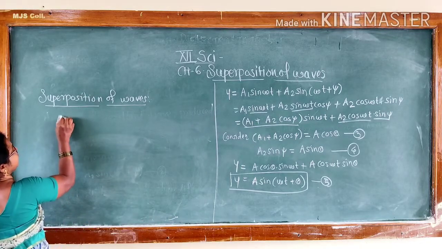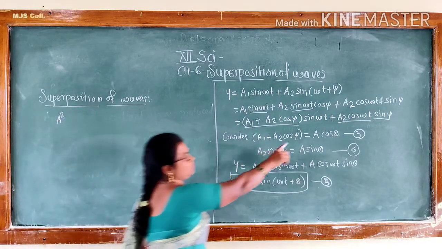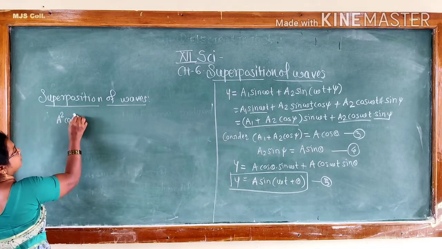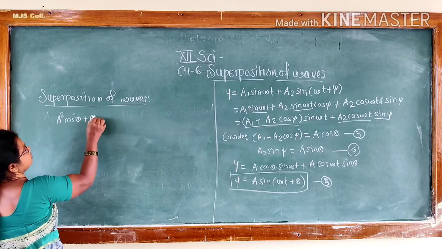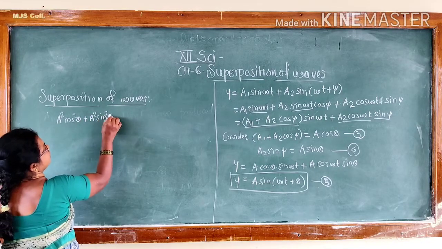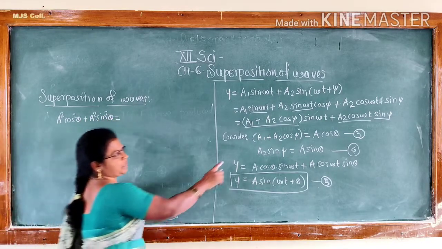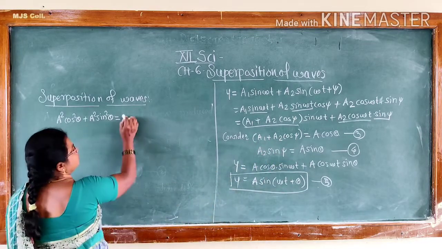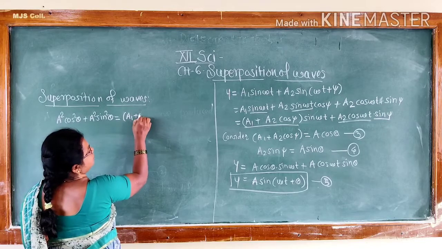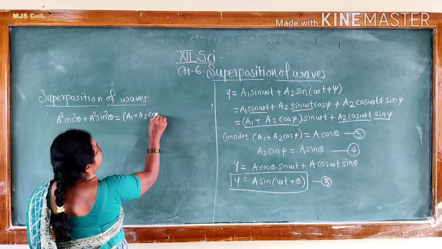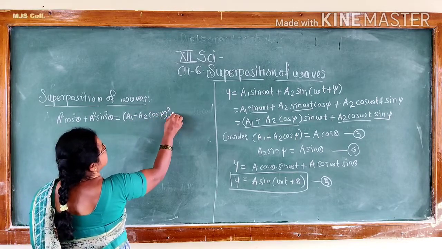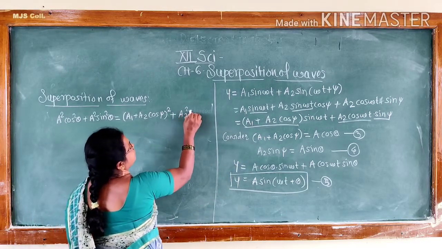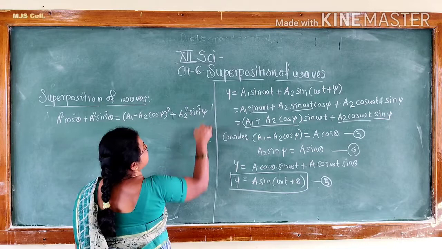We will get A square cos square theta plus A square sin square theta, which is equal to square of this plus square of this. Therefore, it is equal to (A1 plus A2 cos psi) whole square plus A2 square sin square psi.